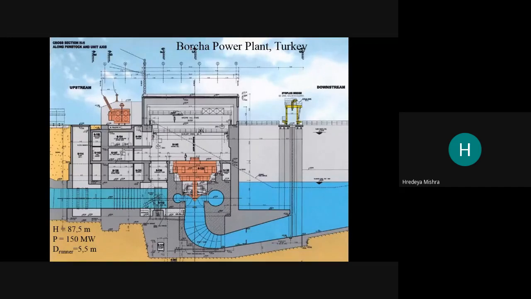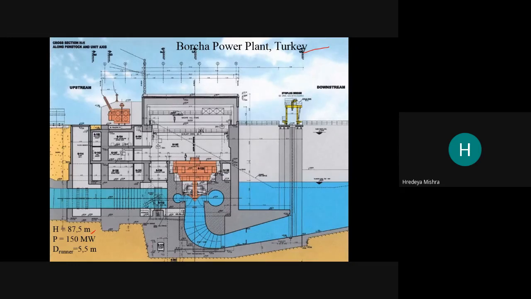Now this is the Brocha power plant, which is in Turkey. See here, what is the head? The head is 87.5 meters. In which category does this turbine come?